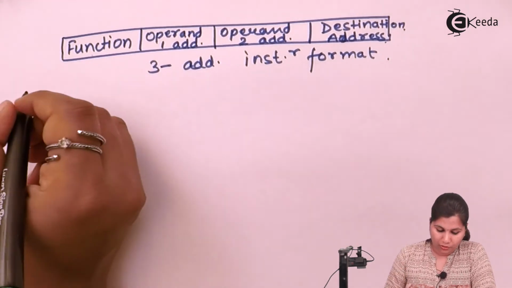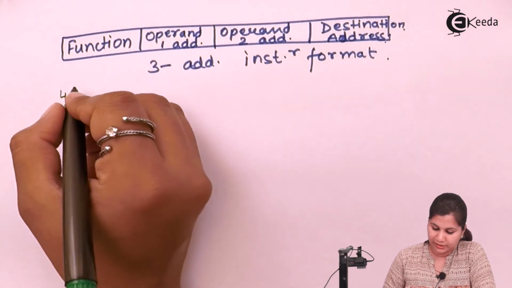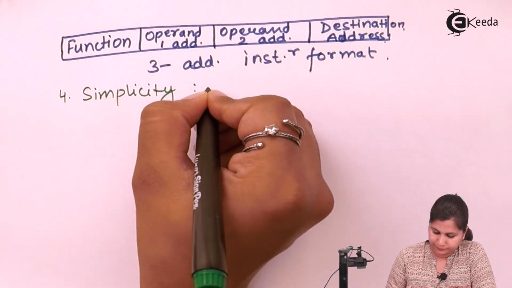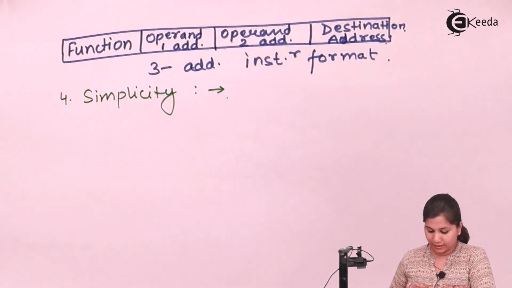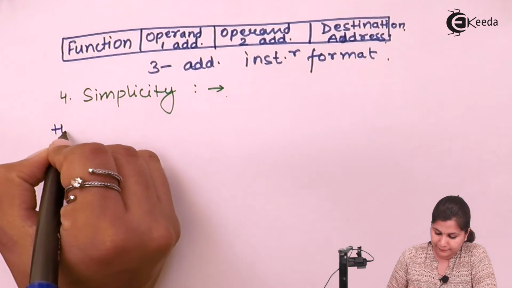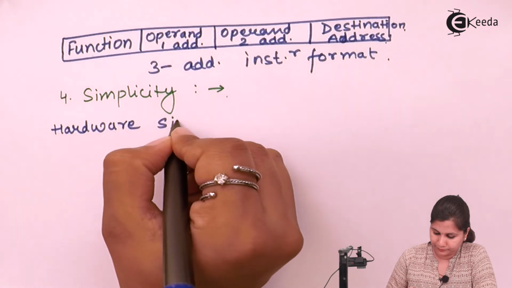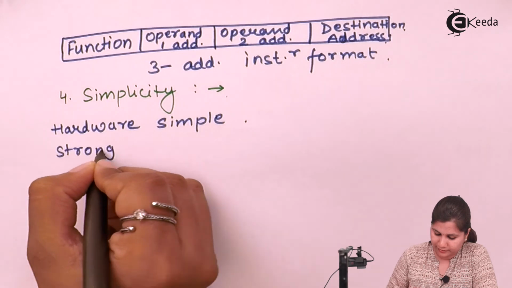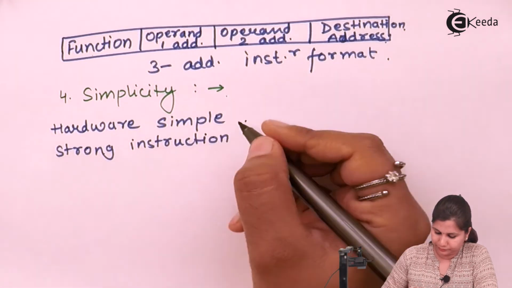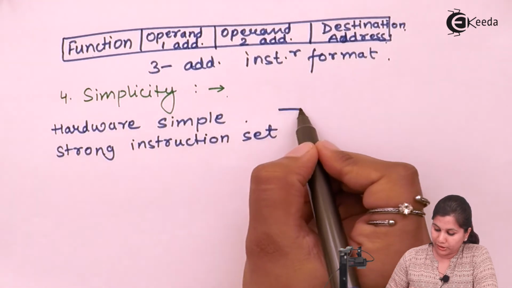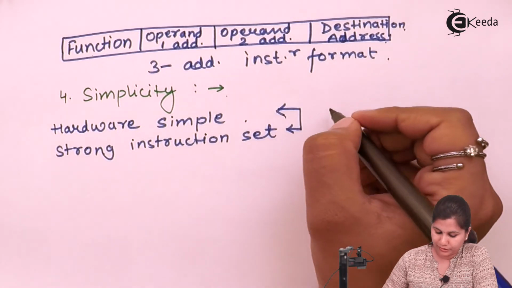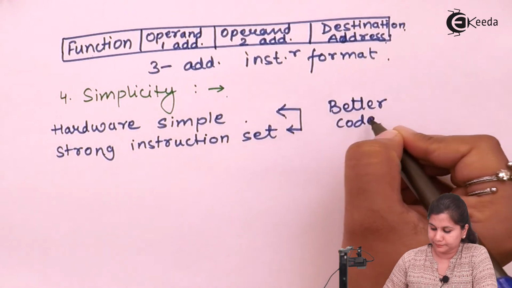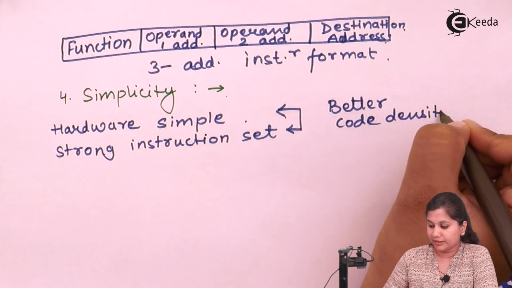Now another feature of the ARM processor is simplicity. Since the ARM processor's hardware is simple, and also it has a strong instruction set, due to these two features the ARM processor has a better code density as compared to other RISC processors.